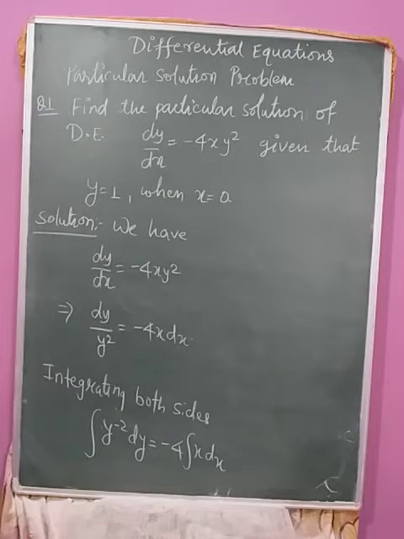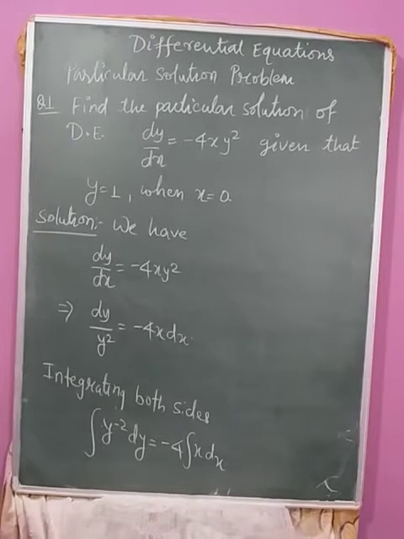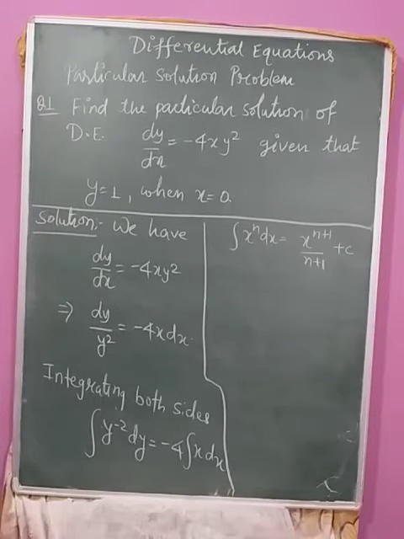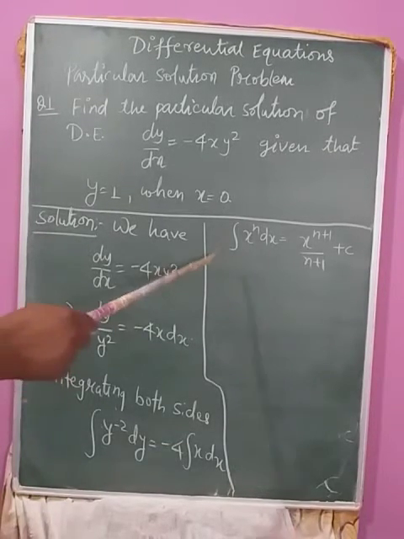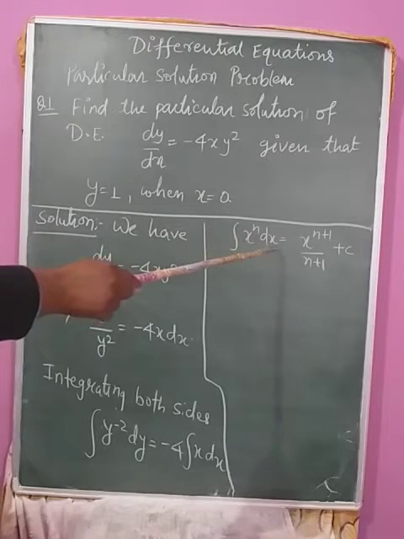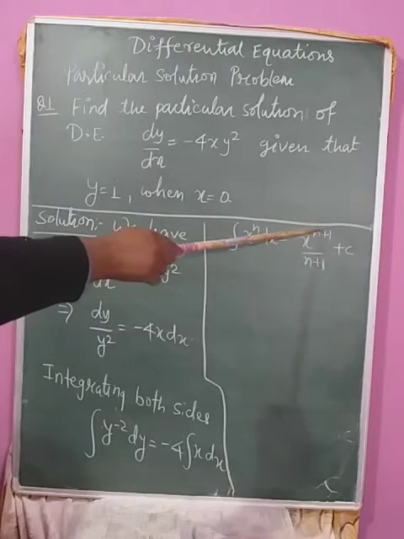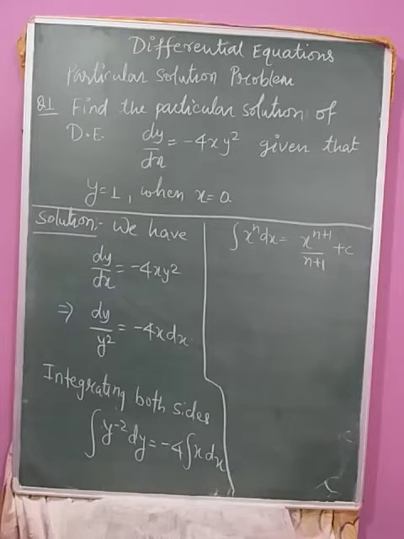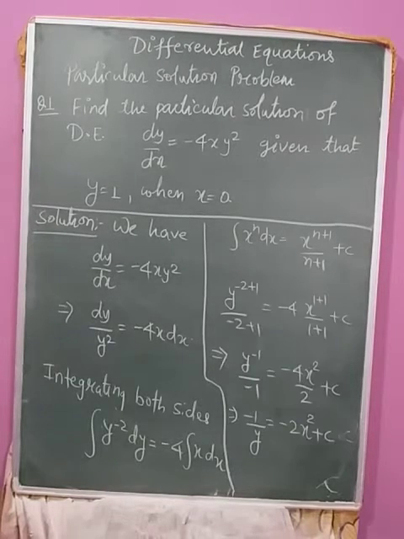We use the formula: integration x to power n dx equal to x to power n plus 1 by n plus 1 plus c. So we use this formula on both sides.